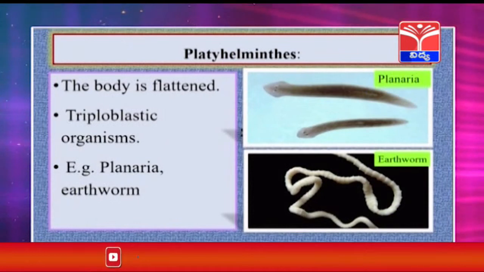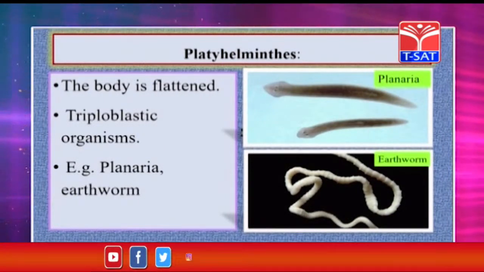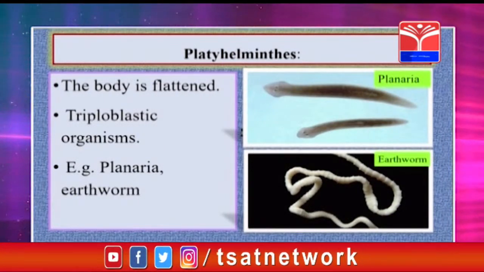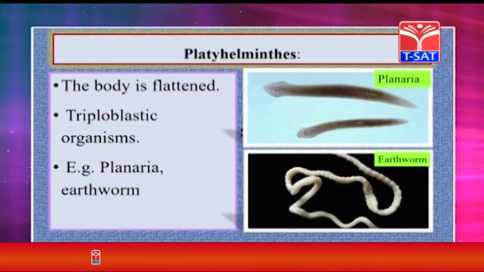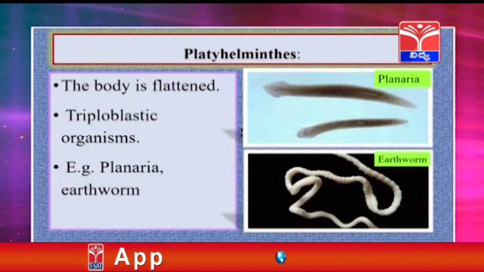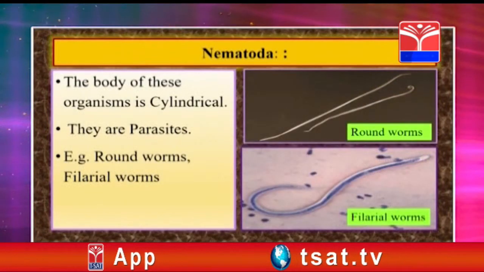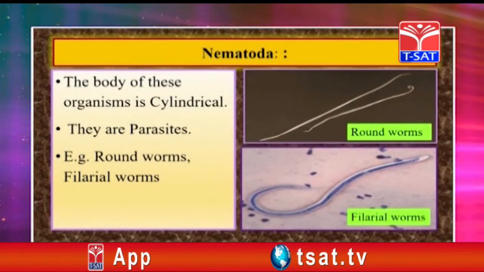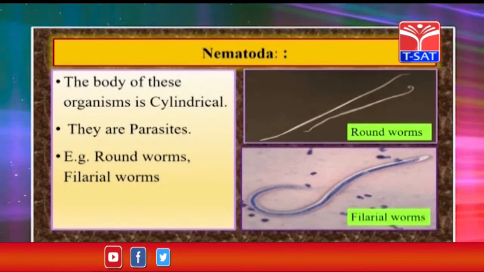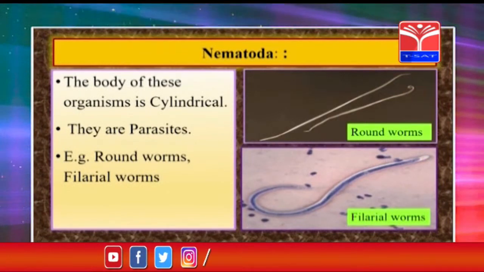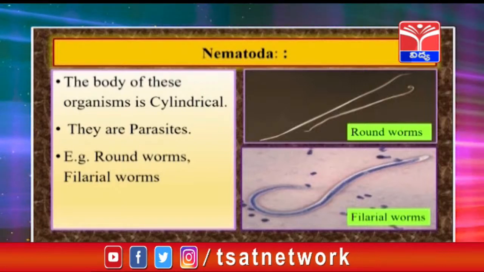Platyhelminthes organisms, their body is flattened and these are triploblastic organisms. Examples, Planaria and earthworm. Nematoda organisms, the body of these organisms is cylindrical. They are parasites. Examples, roundworms and filarial worms.